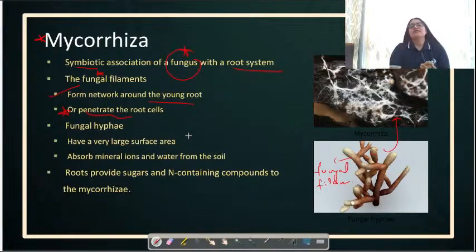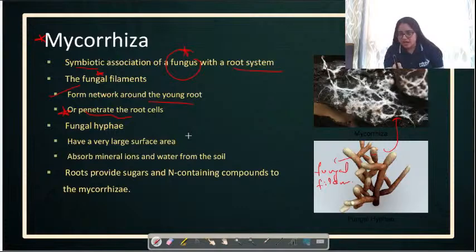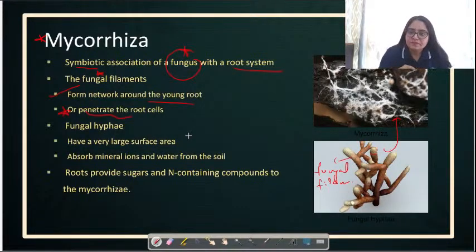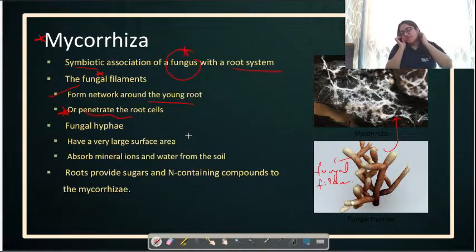Hence, this is a mutualistic, symbiotic association where both partners benefit. The fungus gives benefits to the roots of the higher plants, and the roots provide advantages to the fungus. So till now I have explained the benefits the fungus provides to the root system, where the fungal filaments absorb water and minerals from a larger volume of soil.